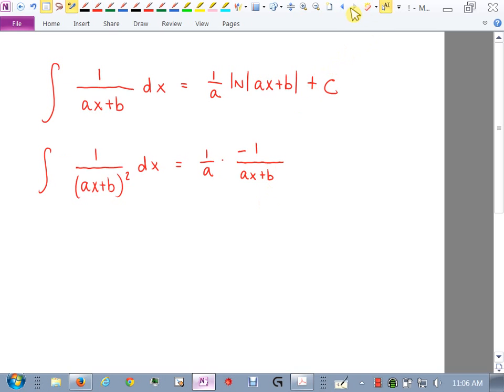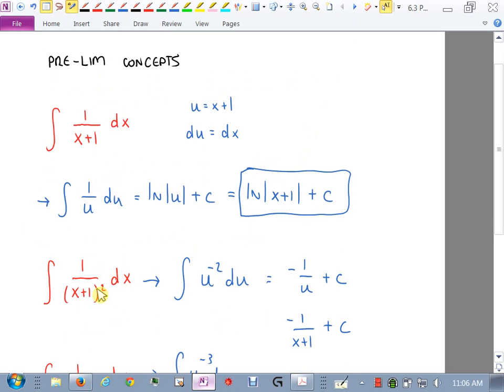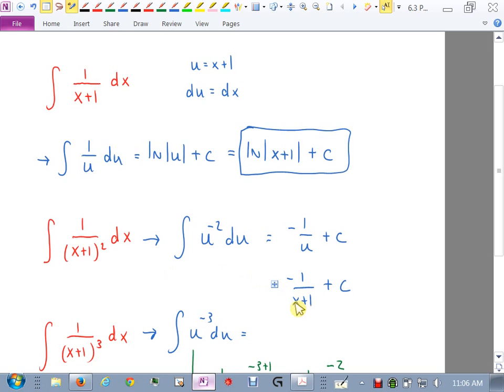I'm getting that from this one right here, right? All we're doing is the same answer, except replacing x plus 1 with ax plus b, and then compensating for the constant by coming through with the 1 over a.